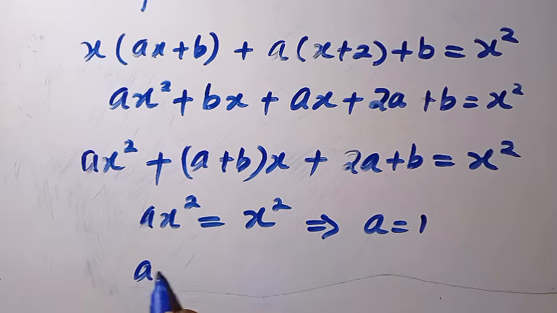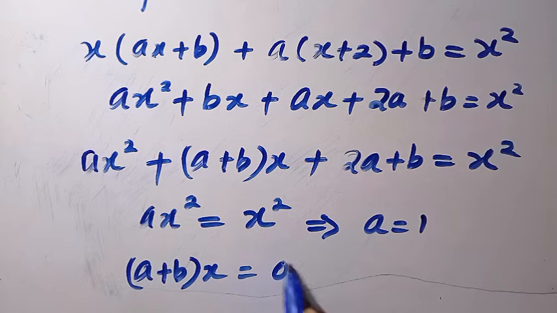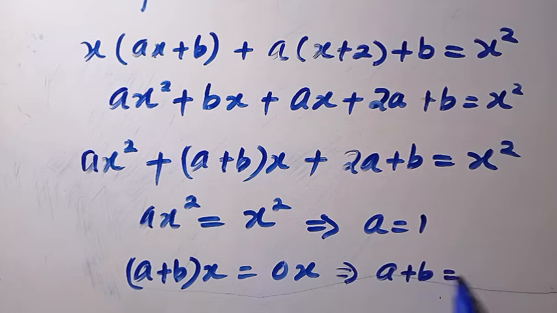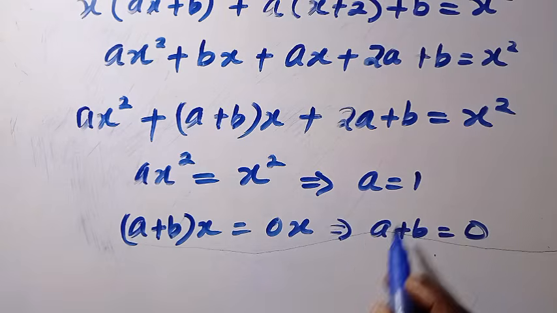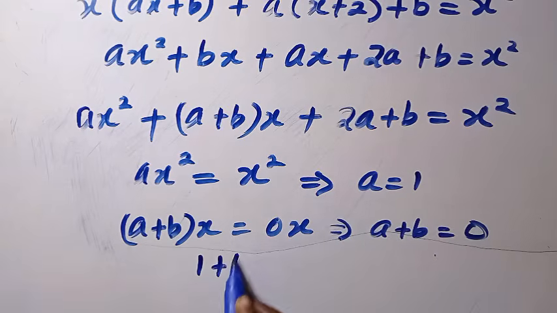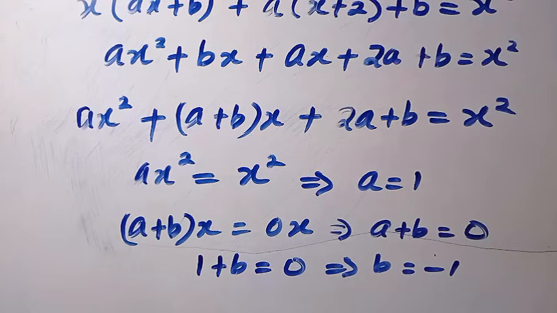For (a+b)x equals 0 multiplied by x, by comparing the coefficients as well, we have a plus b equals 0. But since a equals 1, we have 1 plus b equals 0, and this implies that b equals minus 1.